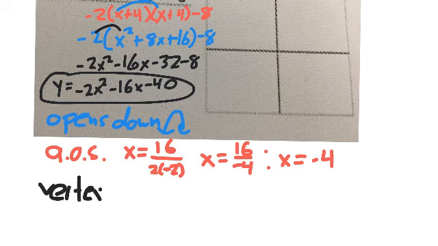So same idea here. Now I want to find the vertex. We find the vertex by plugging in negative 4 for x and finding the y value. So that would be 16 times negative 2. 16 times negative 2 is negative 32. Negative 32 plus 64 minus 40. So that's going to be plus 24.